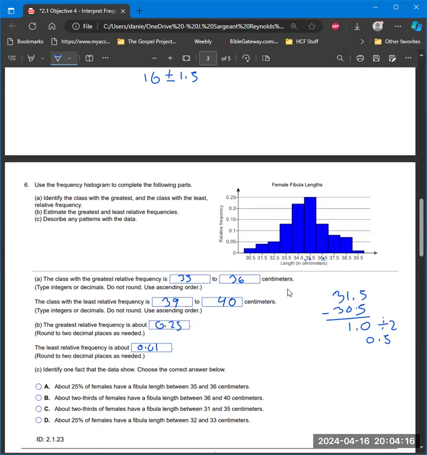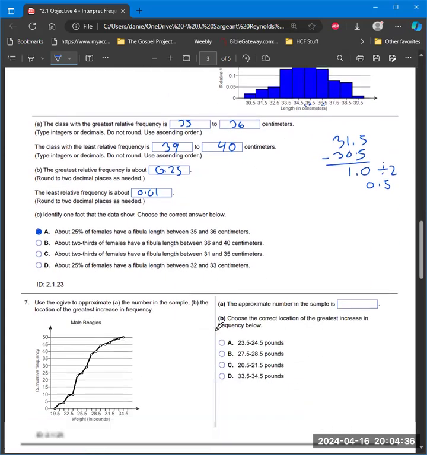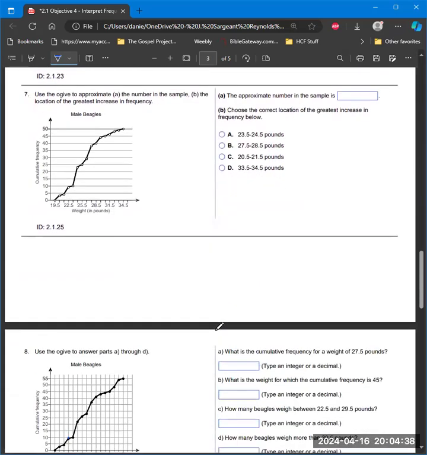It tells us that about 25% of female fibula lengths fall between 35 and 36 centimeters. So that's A. We saw that with our class that has the greatest relative frequency, and that greatest relative frequency was 25%. Now let's look at this ogive.